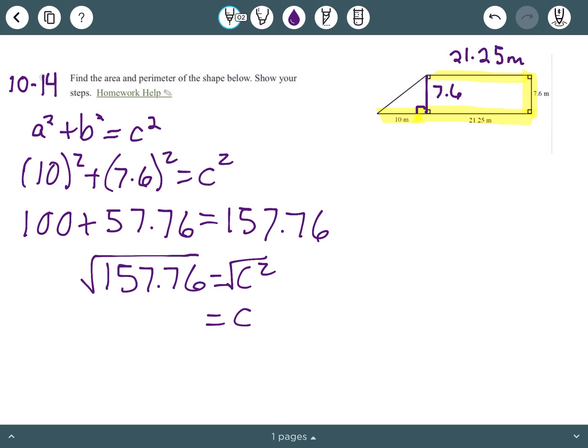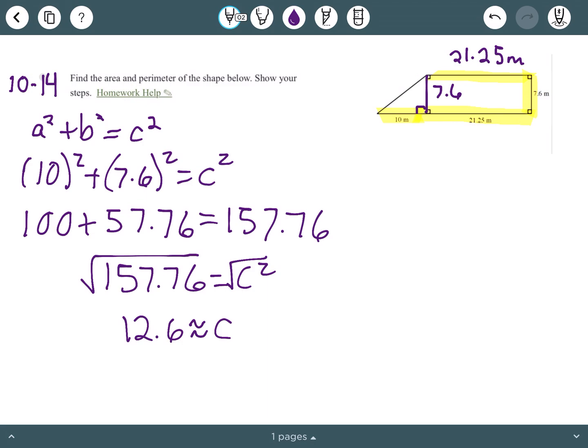Putting the square root of 157.76 into my calculator, it's going to give me approximately, we'll round to the nearest tenth, 12.6. Since I'm rounding, I need a squiggly sign, so approximately 12.6.